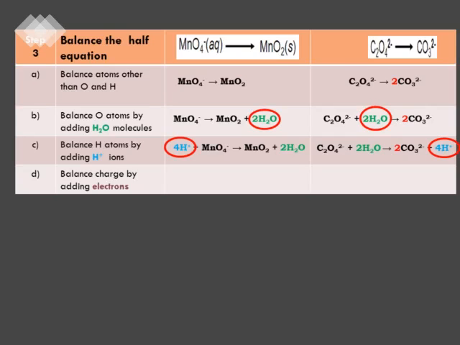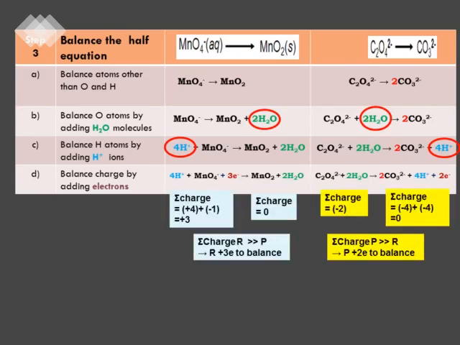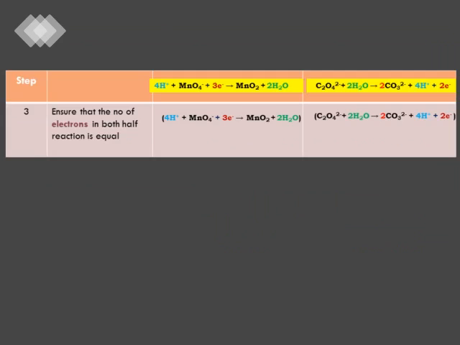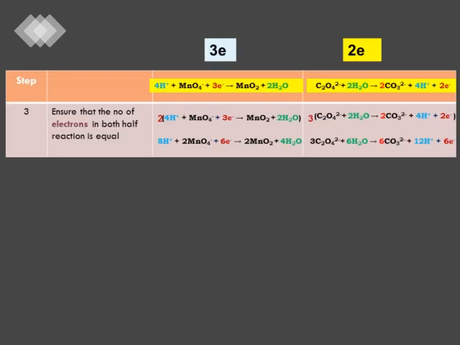And finally, balance the charge in both half equations by adding electrons. Later, ensure that the number of electrons in both half equations is equal. Therefore, we multiply the half equation for manganese by 2 and by 3 for the carbon half equation, and we get a new balanced half equation.